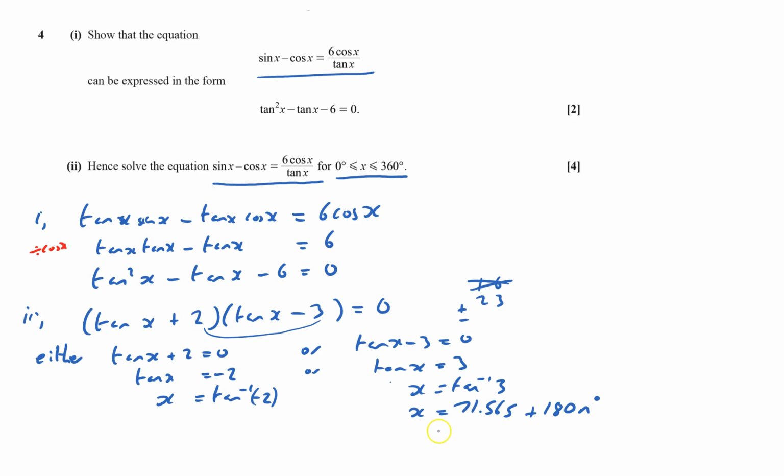And so x could be 71.6, or if n's 1 and I add 180 to it, that will give me 251.56. This one here, according to my calculator, gives x equals minus 63.434, but that will also increase by 180n.